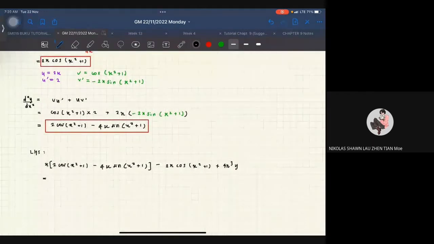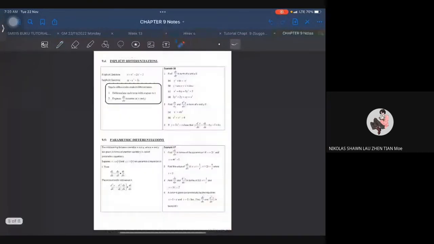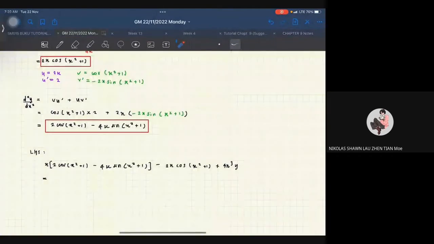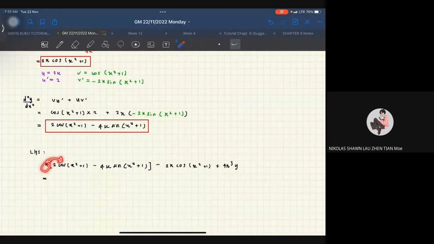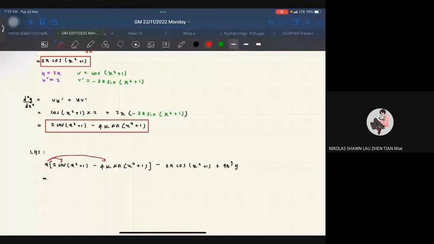So macam mana kita nak proofkan, apa yang kita boleh buat is, okay, so we can expand this one. Oops, sorry. Mana dah tadi? This one. Okay, so this one we can expand it. This one masuk dengan this one. Okay, ni expand. This one pun awak boleh expand. So apa awak dapat dekat situ?